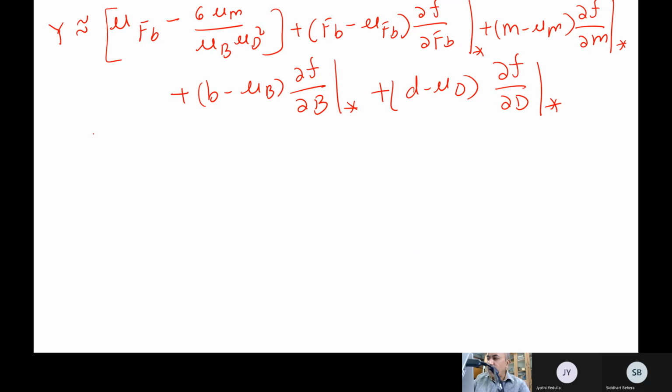So you have to find the derivatives, and then substitute the mean values. So this is what you followed, right?